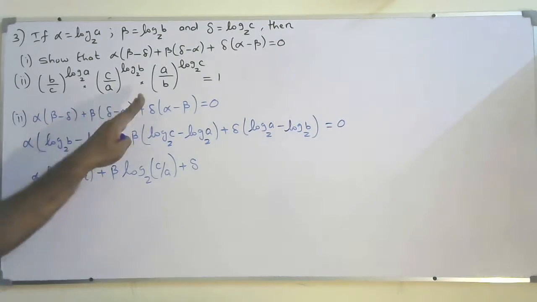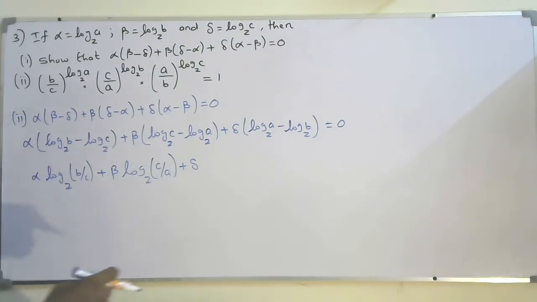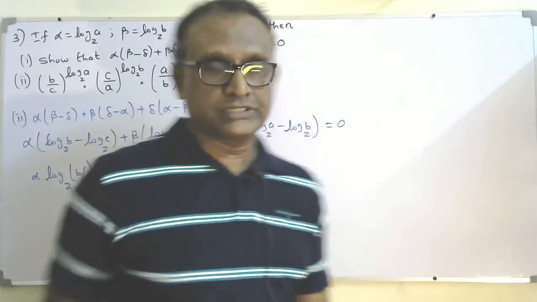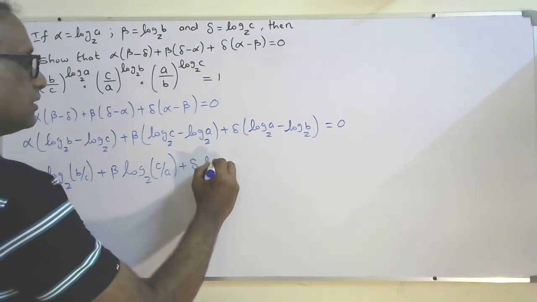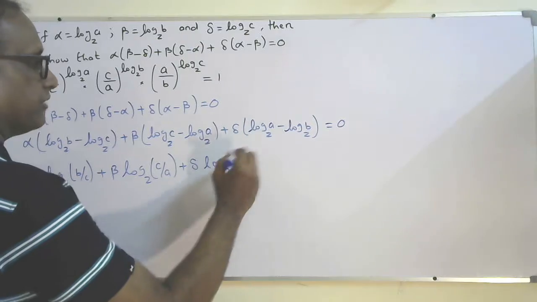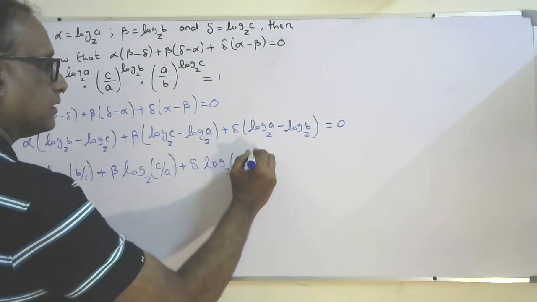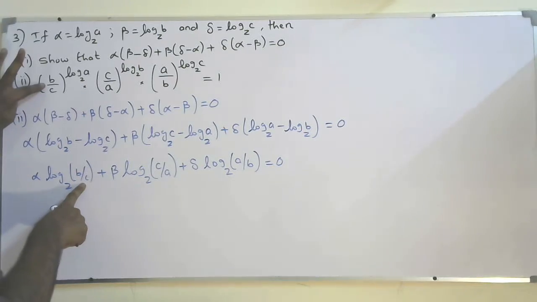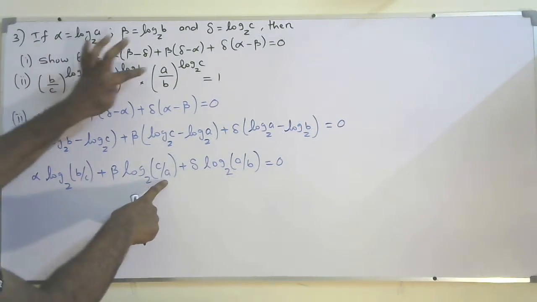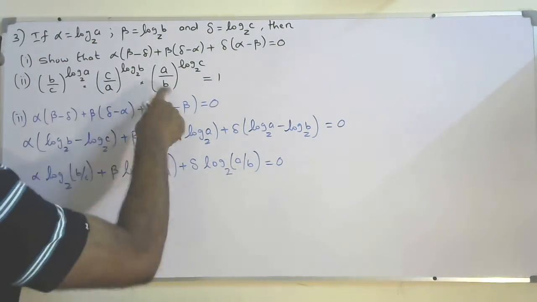I'm just substituting and using the quotient rule. See, I got the relationship: b over c is there, c over a is there, a over b is there. Yes, you can get it.